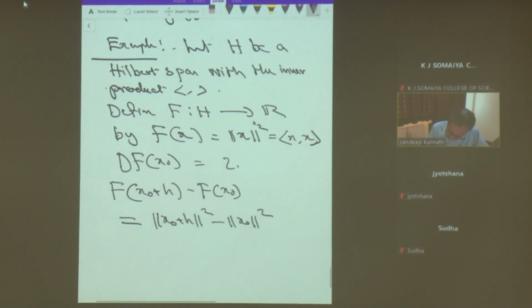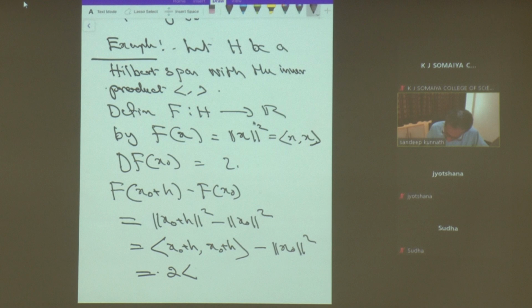This is nothing but the inner product of x naught plus h with x naught plus h, minus norm of x naught squared. Assuming it's a real inner product space, norm of x naught squared will get cancelled. You will get 2 times the inner product of h with x naught, then plus norm of h squared. This is what it is.